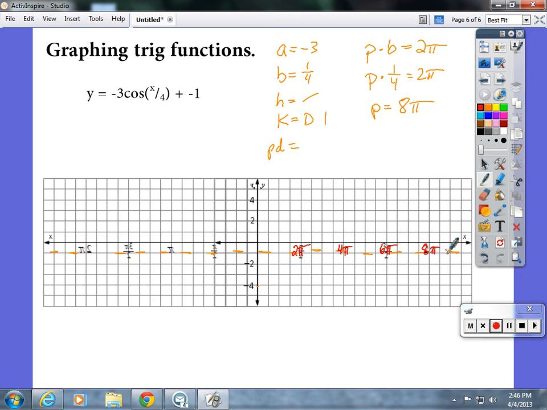So if I do that, I'm going to have 3 below, 1, 2, 3. My last point for cosine appears at 8 pi because my period is 8 pi. My halfway point is 4 pi, which is going to be 3 below. And then my halfway of halfways are my intercepts, so that's at 2 pi and 6 pi. And that looks much more like a negative cosine curve there.